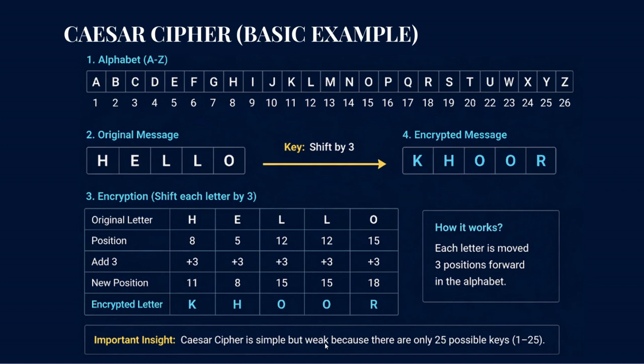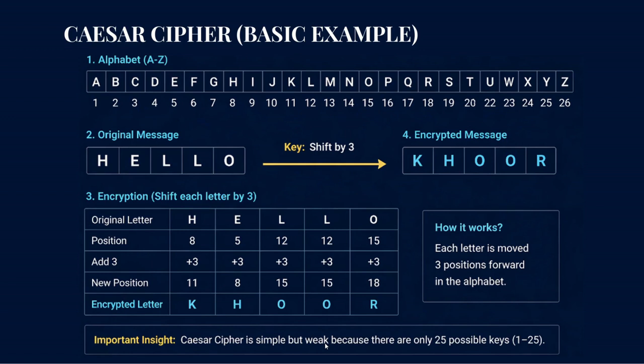Now, let's understand encryption with a very simple classic example, the Caesar Cipher. This method was actually used by Julius Caesar to send secret messages. Let's take a simple message: Hello. Now we choose a key. Here the key is shift by 3. What does this mean?